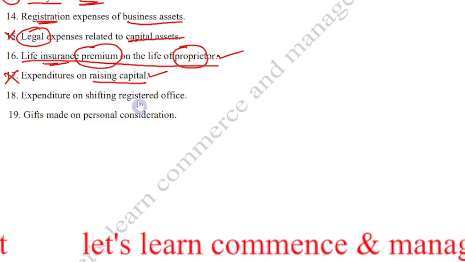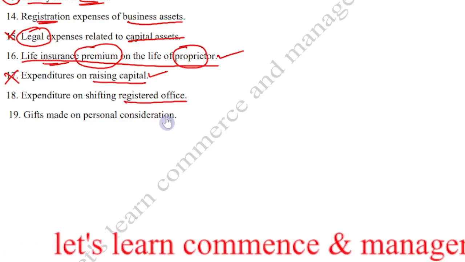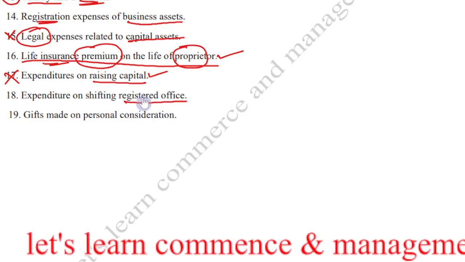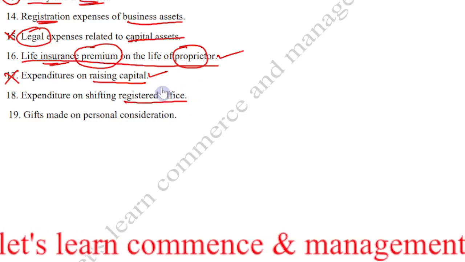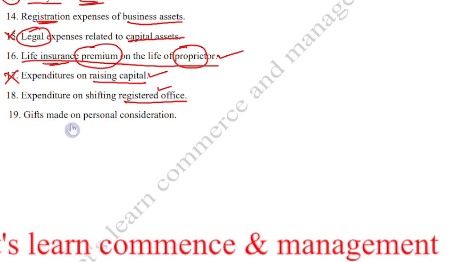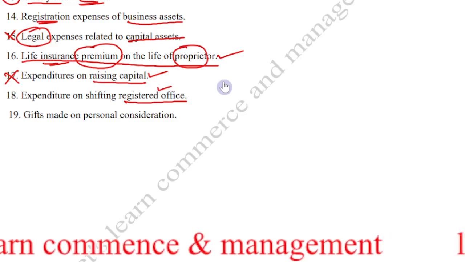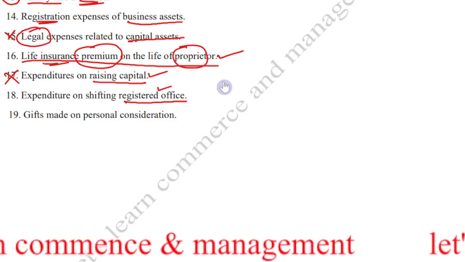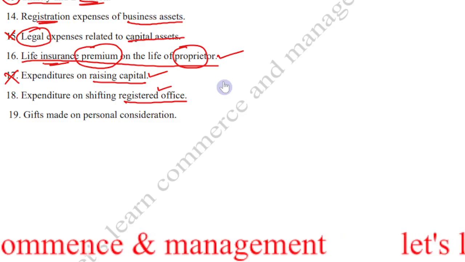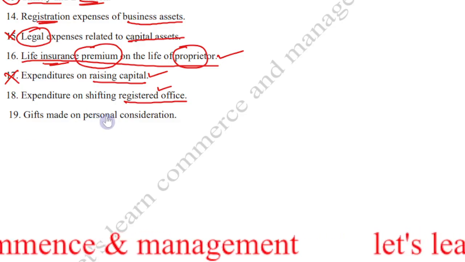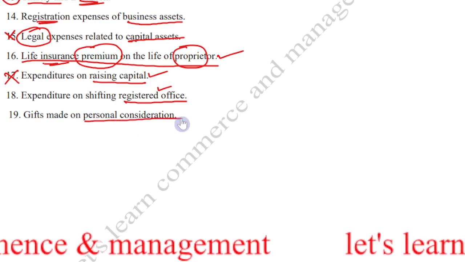Expenditure on shifting registered office. If you are changing the place of your registered office, then whatever expenses occurred, the proprietor has to bear the same, for which deduction will not be allowed. Then gifts made on personal consideration.